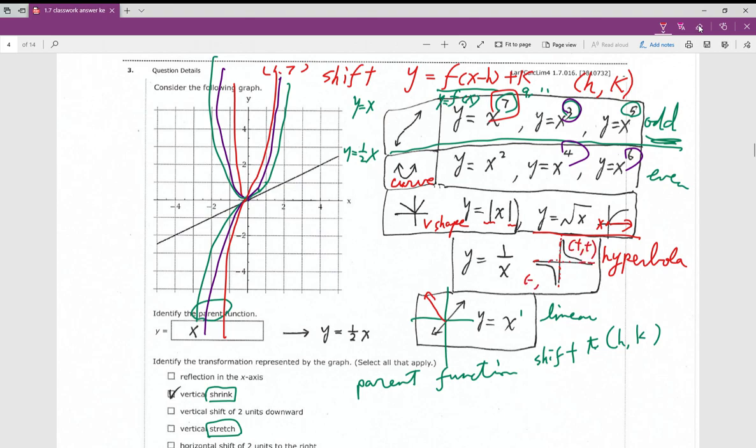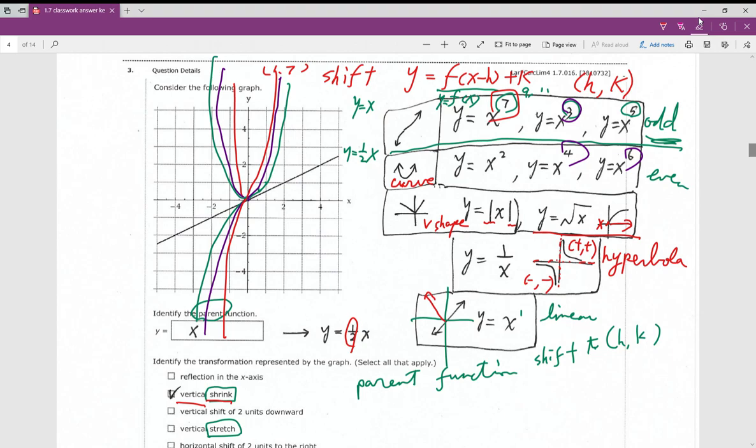When x is negative, y is negative, but never 0. So those parent functions you do need to memorize. By this way, everything becomes easier. Now, when y equals 1/2 of the parent function, we call it a vertical shrink, because it does not grow so fast. It's slower.